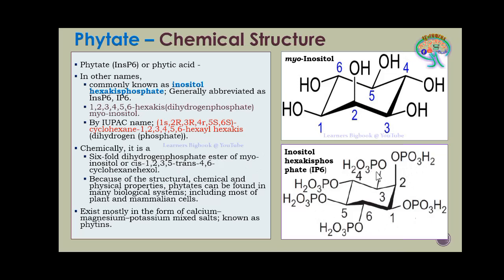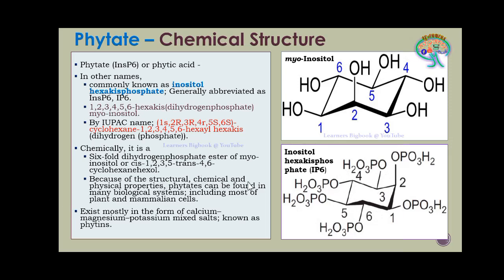Each H2O3PO, the dihydrogen phosphate, is bonded with the myo-inositol, forming inositol hexakisphosphate, IP6. This is how the phytate or phytic acid structure is seen.